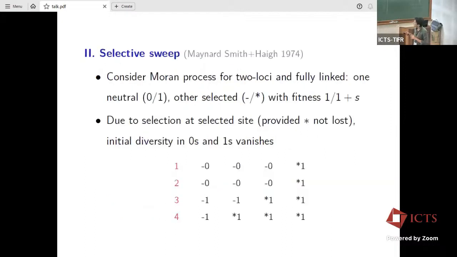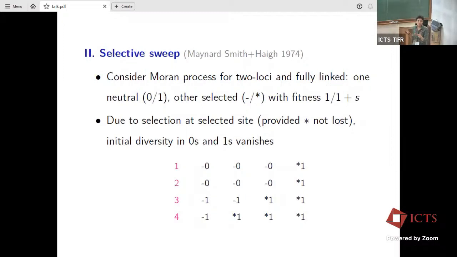Okay, so I want to now describe one more thing quickly. You heard about selective sweeps already in the morning. Again, we are considering the Moran process, with just 2 loci. And unlike what Mike said in the morning about recombination, I'm interested in selective sweeps in asexuals.